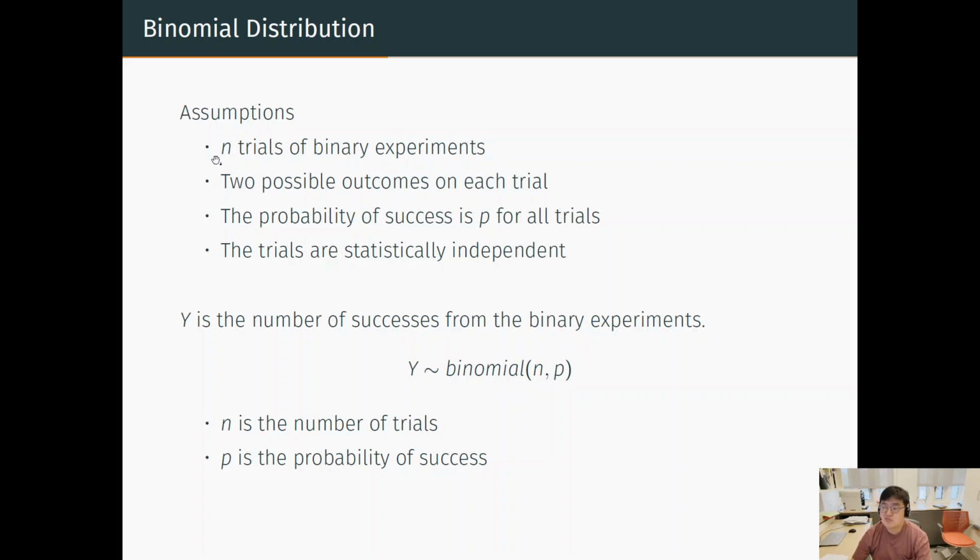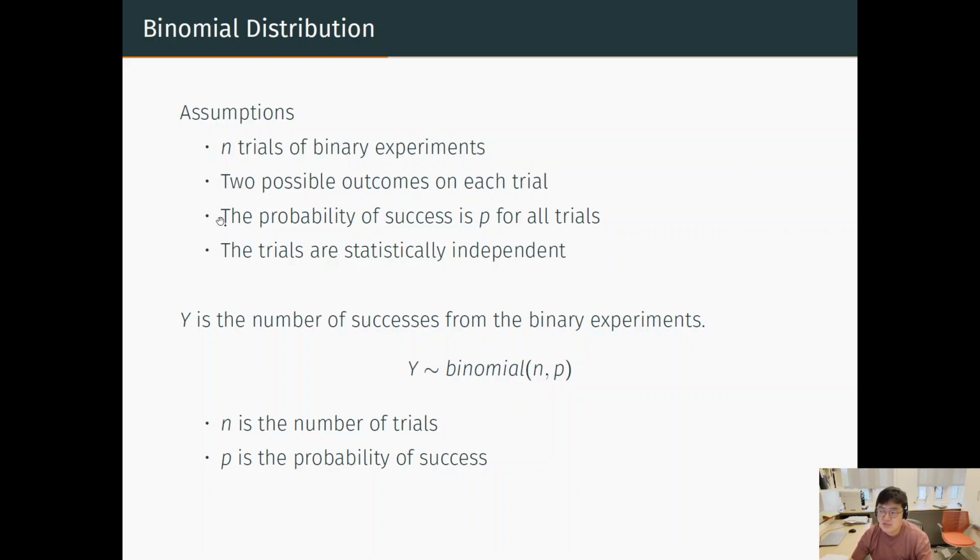Okay? So then we will make more assumptions to explain the randomness in this distribution. First, I will assume that you repeat n number of experiments. You do n trials of a binary experiment. And each trial has only 2 possible outcomes, right? So 2 possible outcomes on all the trials, like heads or tails, or choose a correct answer or not, things like that.